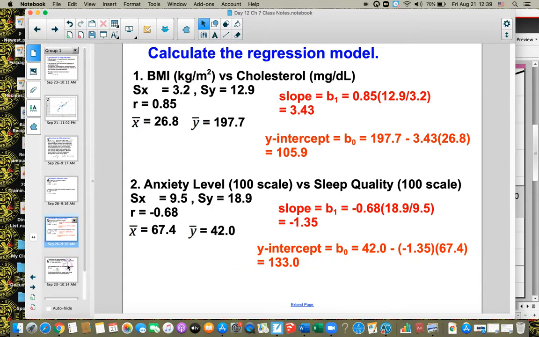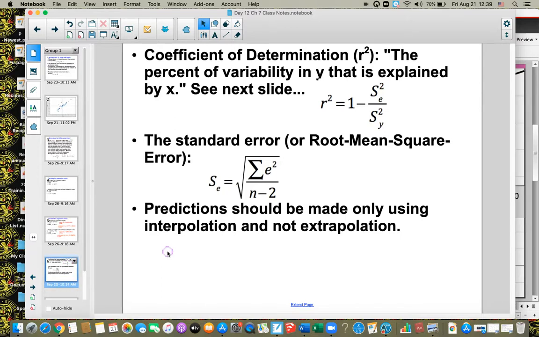Okay, moving on. So, coefficient of determination, this is an equation of how this is found. It's pretty rare that you would have to do anything like this by hand, but this is really where it comes from. The SY is the standard deviation in the Y direction, and the SE is the standard deviation of the residuals.